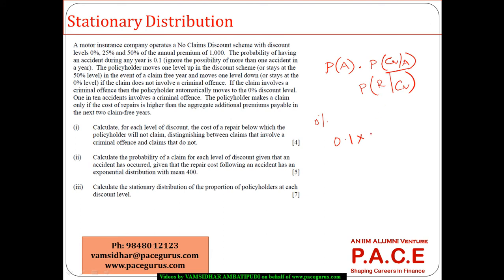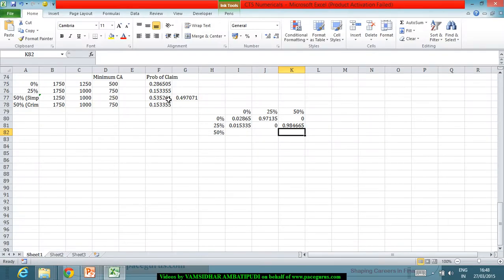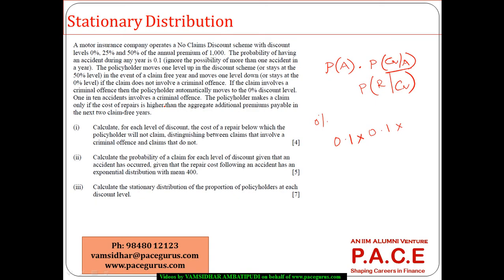Probability of a criminal accident given an accident is again 0.1, and probability of reporting given that it is a criminal accident is 0.53. So here the probability will come out as 0.1 times 0.1 times 0.53, which comes out as 0.0015.